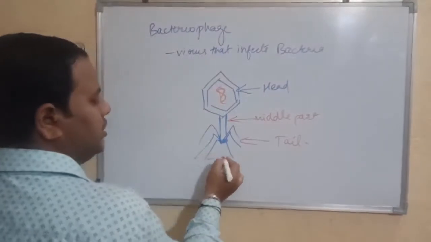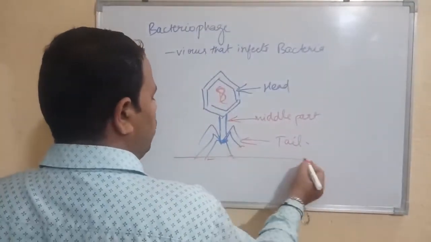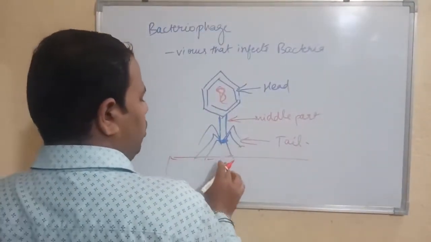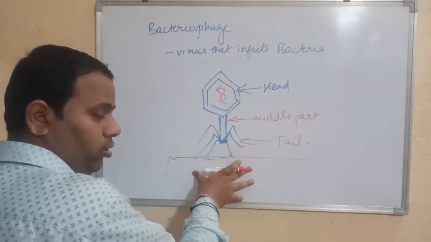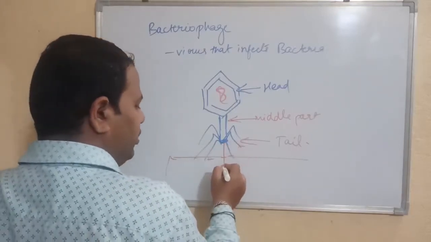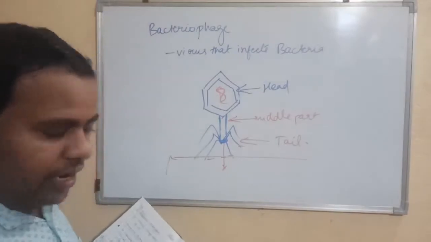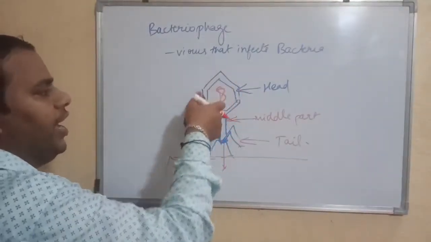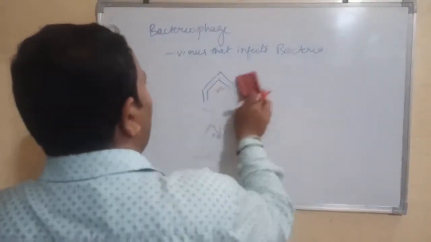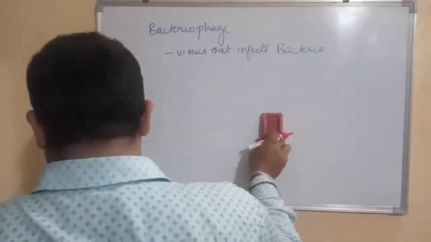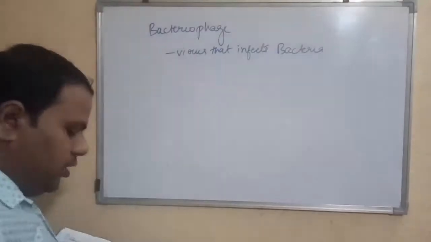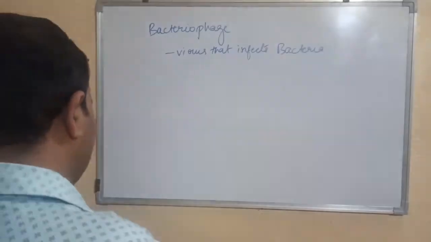These tail fibers help to attach at the host cell membrane, and the genetic material is injected through the tail fiber, leaving the head behind. So this is the way of infection of a bacteriophage that infects the bacteria.